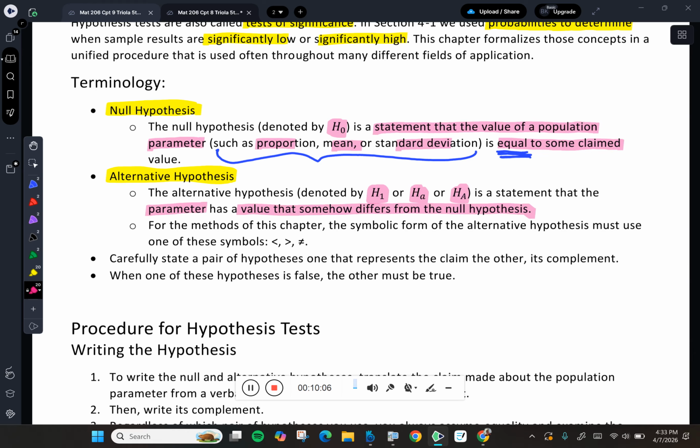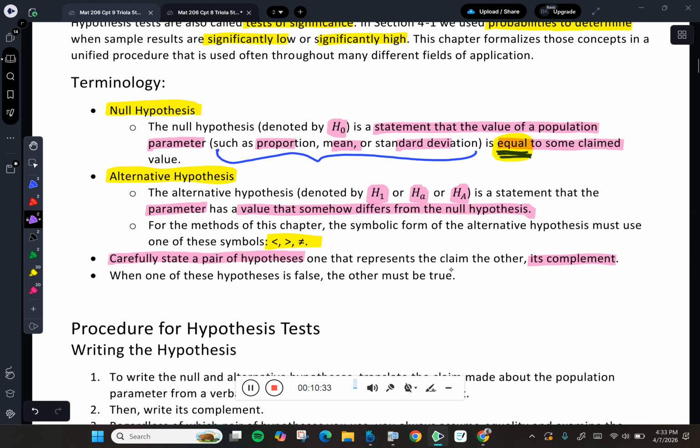The null and the alternative are complements of each other. So when we state these hypotheses, we write them so that they are complements. The alternative will contain inequalities. The null contains equality.